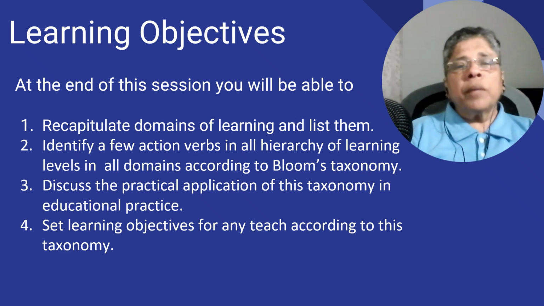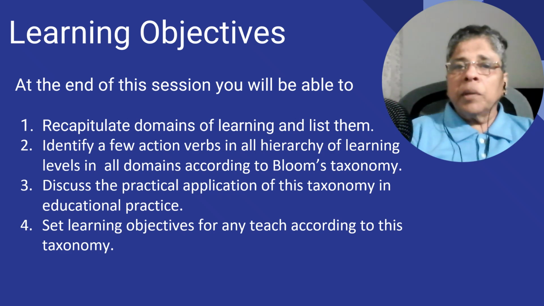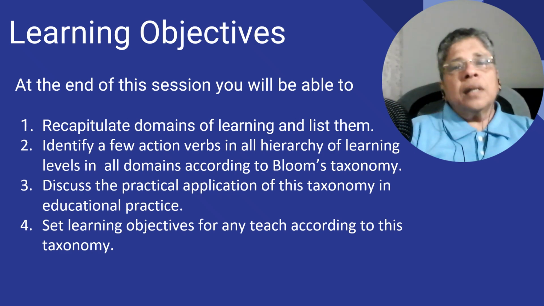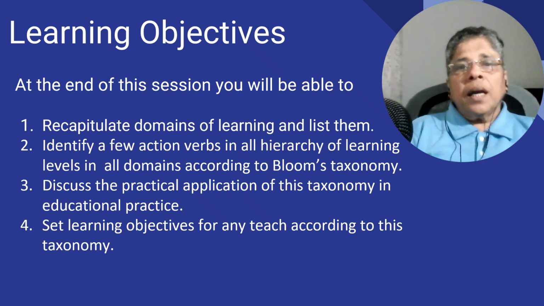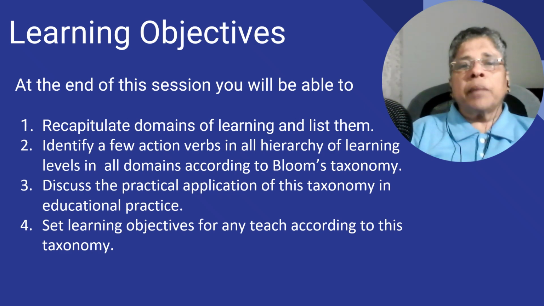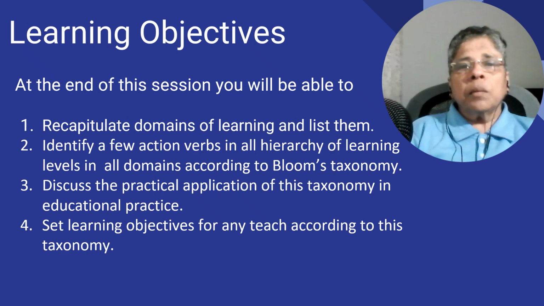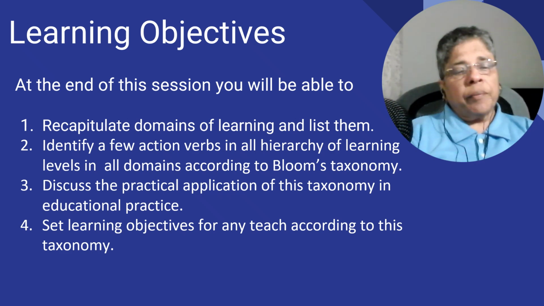All three learning domains have different levels, so there are action verbs for different levels. So you will be able to practice writing learning objectives using those learning domains. And you will be able to discuss what is the practical advantage or uses of this particular model in education.